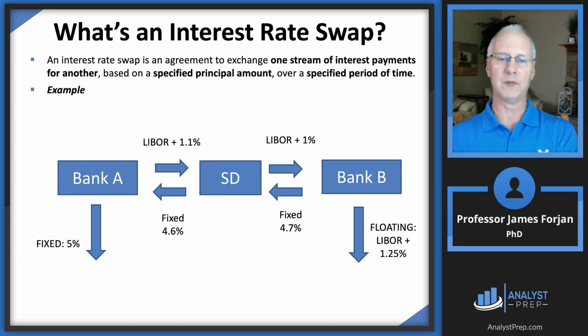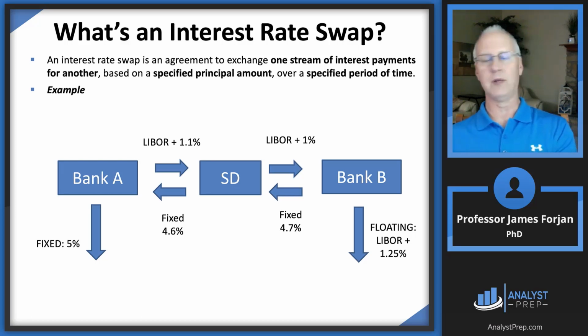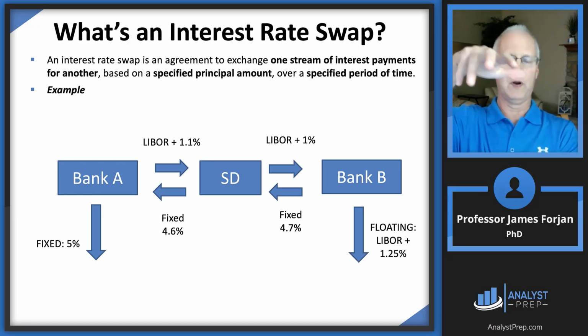So notice the swap dealer is going to pay 4.6% to Bank A, and then Bank A is going to take all of that 4.6 and then make that 5% payment to its bondholders. In return, it's going to pay LIBOR plus 1.1%. Now over for Bank B, we do the same thing, except we flip it on its head.